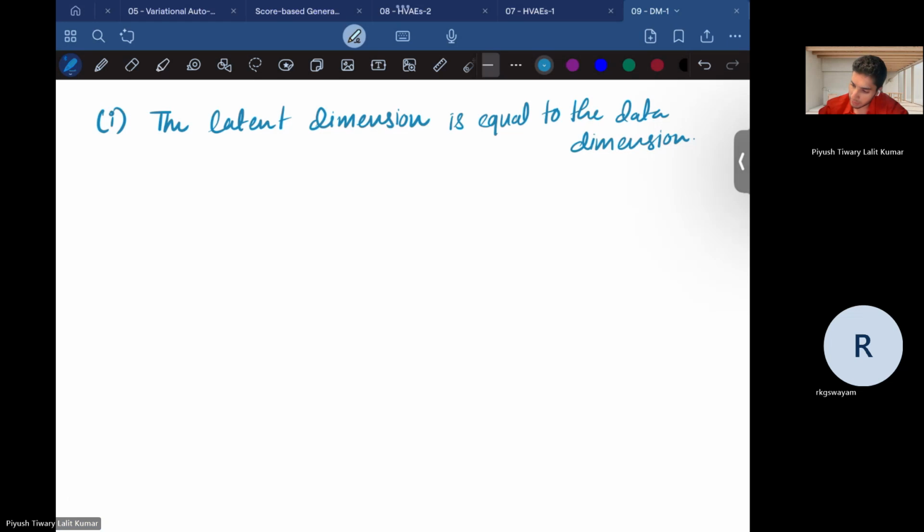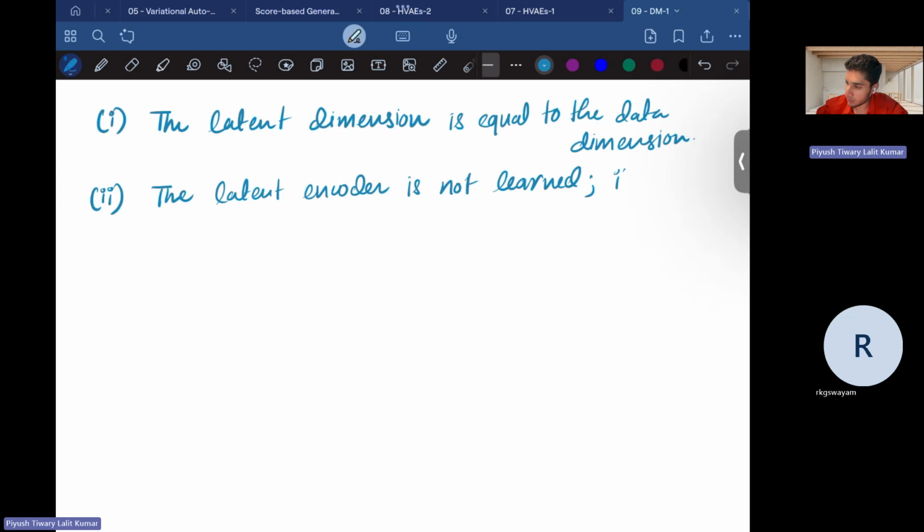Okay. The second restriction is that the latent encoder is not learned. It is predefined as a linear Gaussian model.